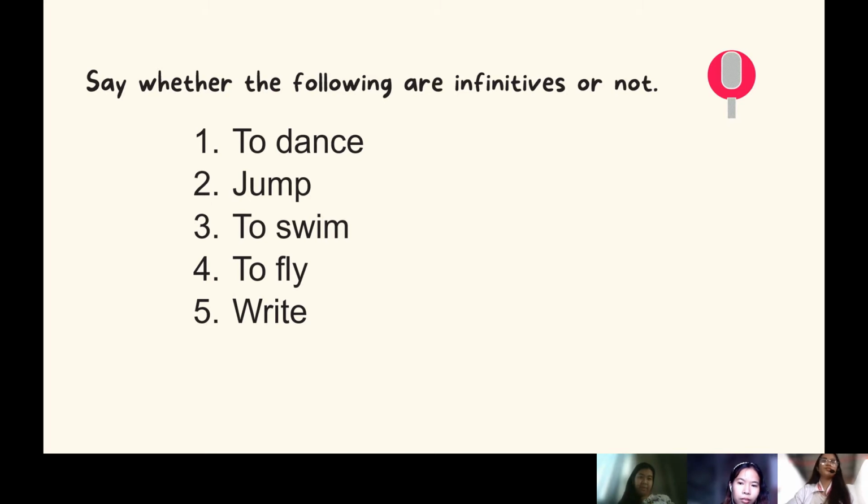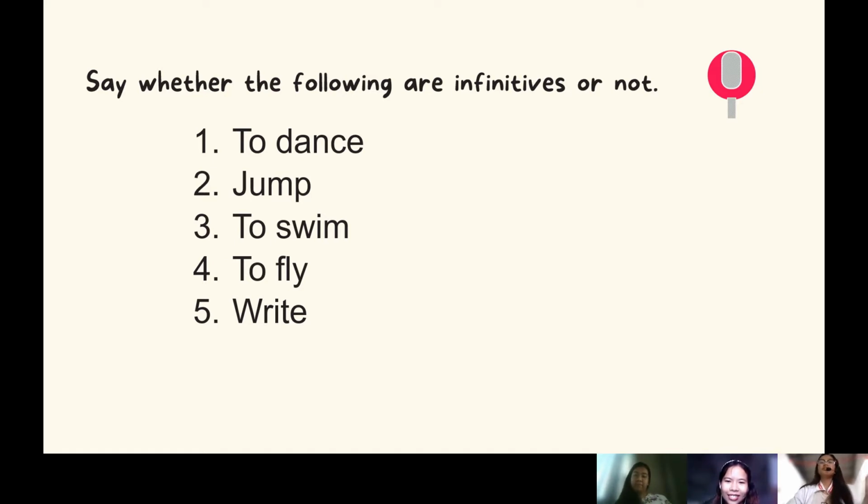Not infinitive. Number three, to swim. Infinitive. Number four, to fly. Infinitive. And lastly, we have write. Not infinitive.